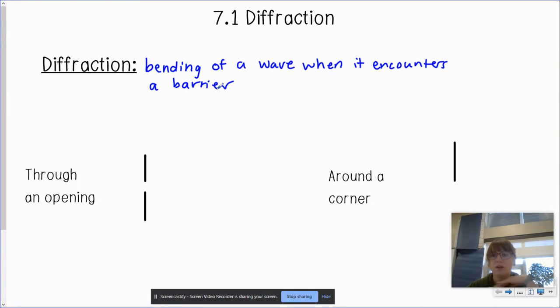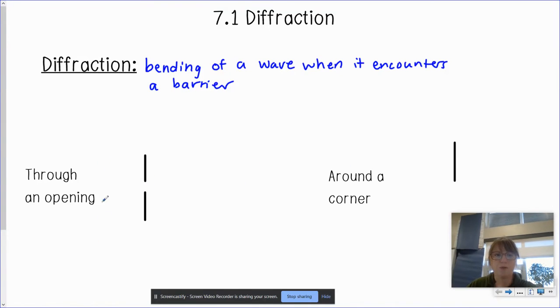This can be seen with things like water waves and sound waves. We're going to focus a lot on light and some more electromagnetic type of waves, but really it can be seen with any type of wave. I'm going to draw a couple pictures here of what it looks like when there's diffraction happening through a little opening and also around a corner.